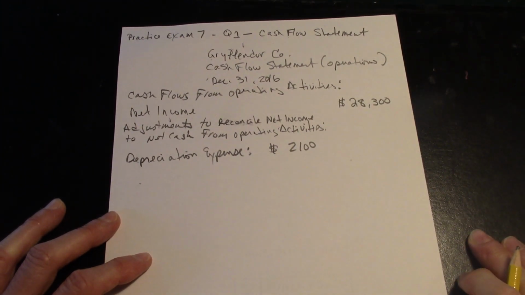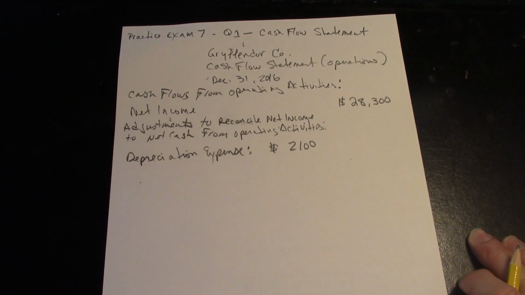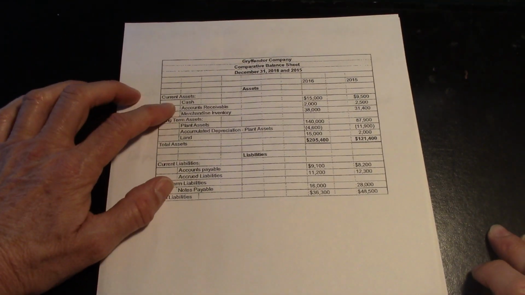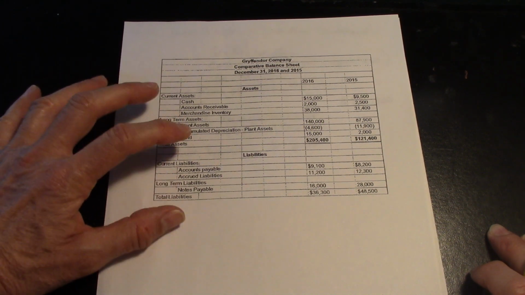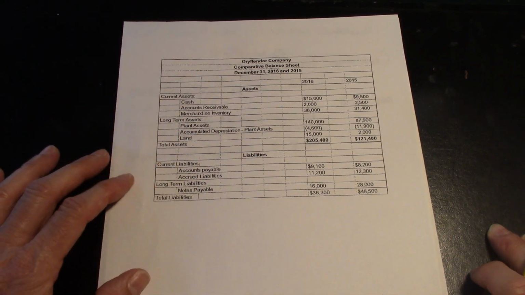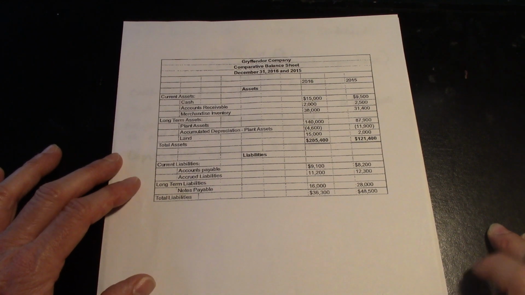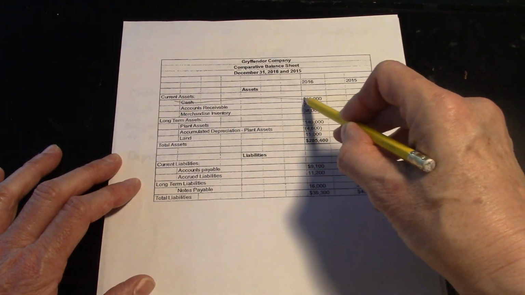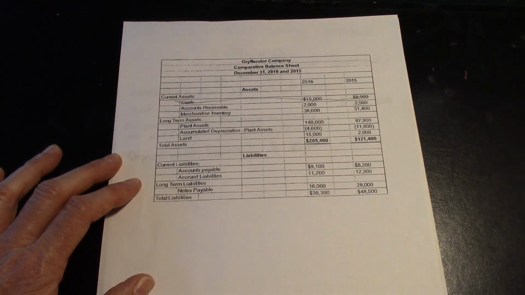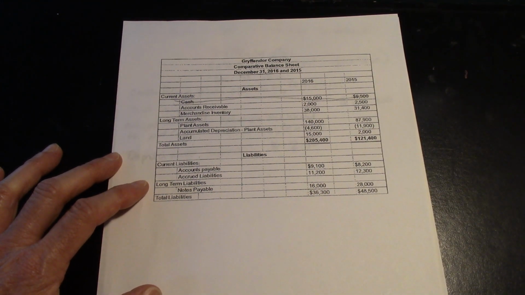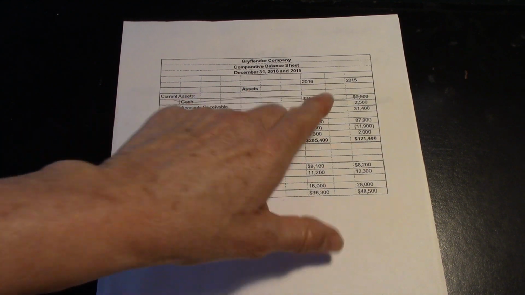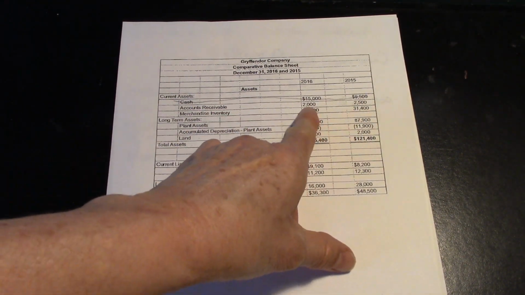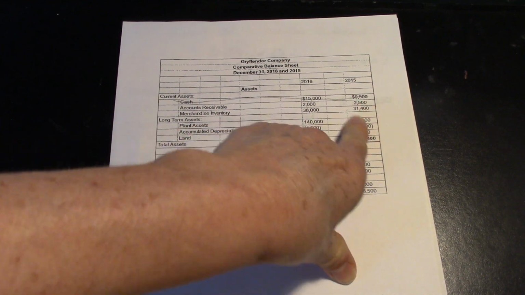Alright, now we're going to look at the changes in the current assets other than cash and the current liabilities. I don't need the cash. Alright, so we got to take our differences, right? So accounts receivable is the first one, and accounts receivable decreased by $500.